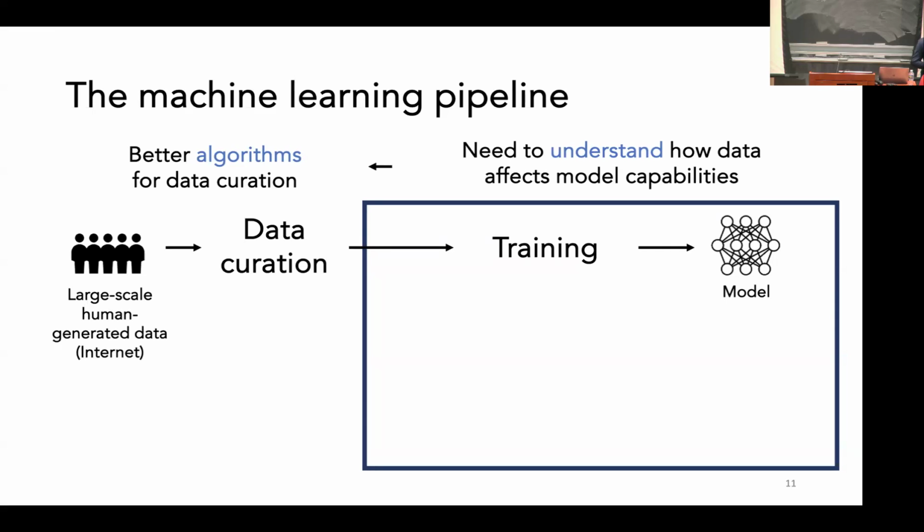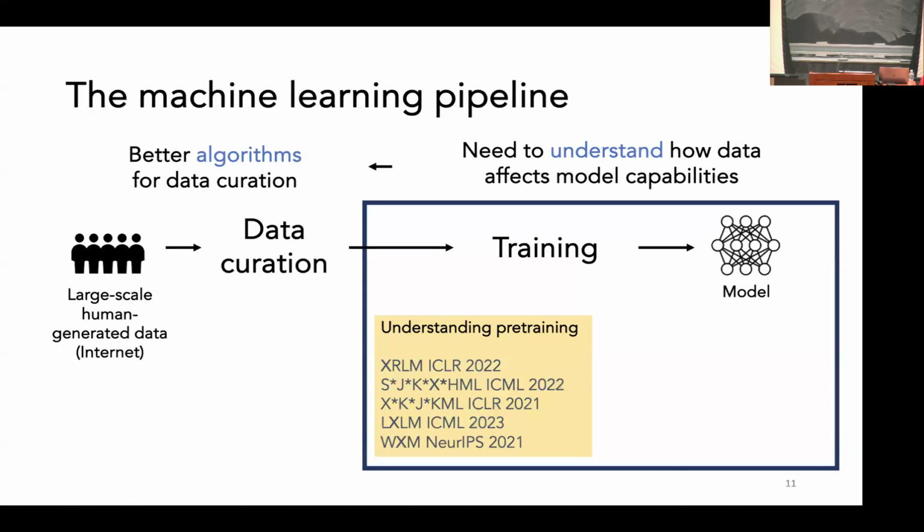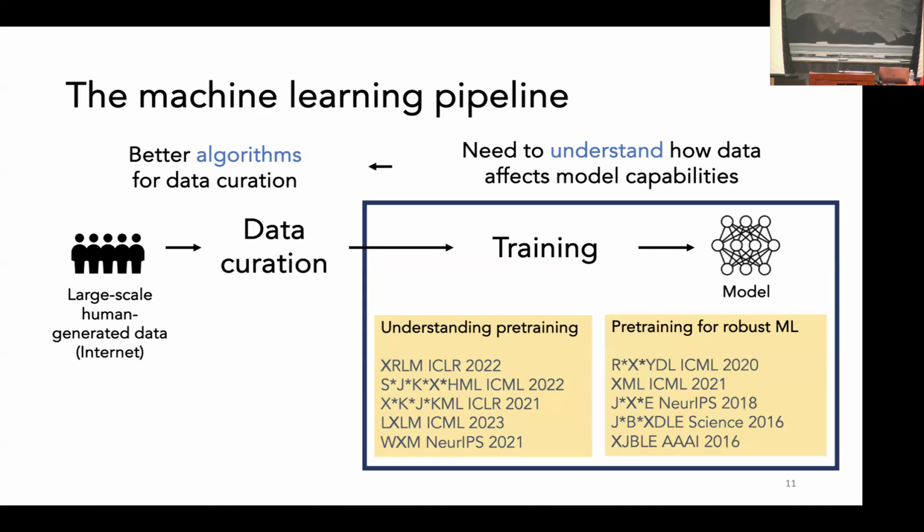So I worked on 2 broad areas within this understanding aspect. First is on understanding how pre-training affects downstream performance in both language and vision, in contrast to pre-training, masked language modeling, and next token prediction, and how that translates to in-context learning. As well as pre-training for robust machine learning, the ability of models to generalize beyond its training distribution.